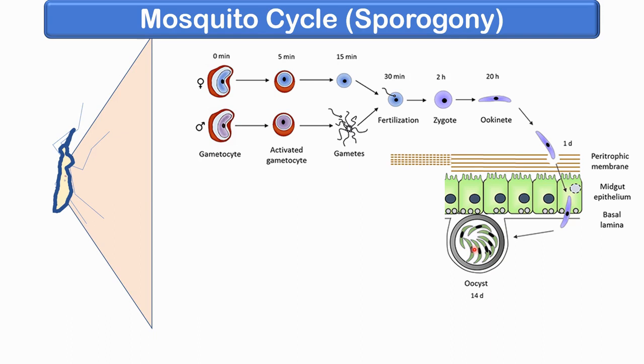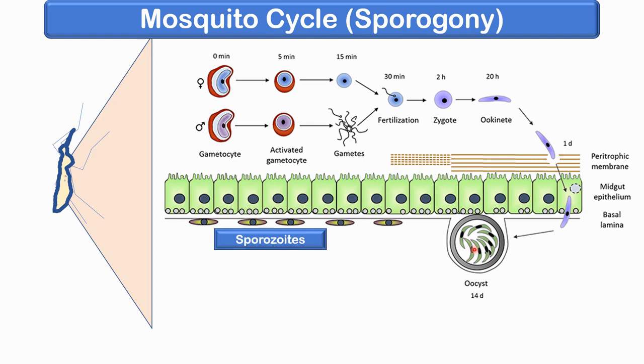The mature oocyst, which may be about 500 micrometers in size, bulges into the body cavity of the mosquito, and when it ruptures, the sporozoites enter the hemocoel of the body cavity, from where some sporozoites move to the salivary glands. The mosquito is now infective, and when it feeds on humans, the sporozoites are injected into the skin capillaries to initiate the human infection.